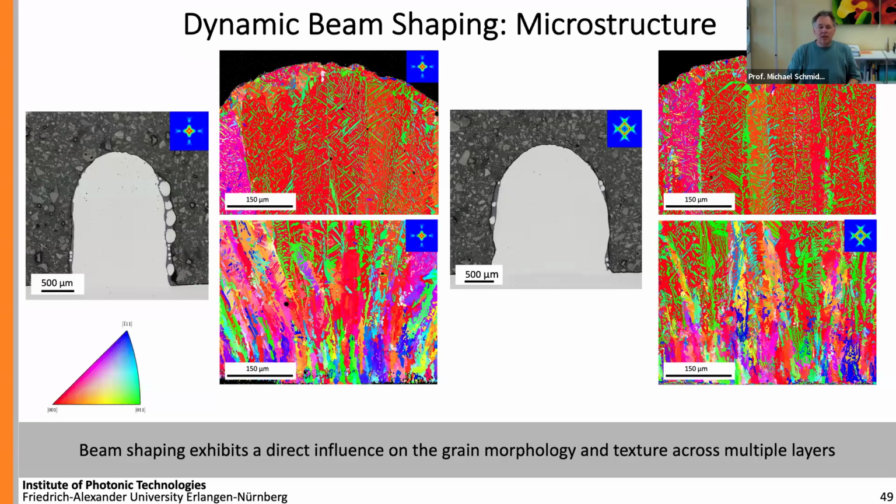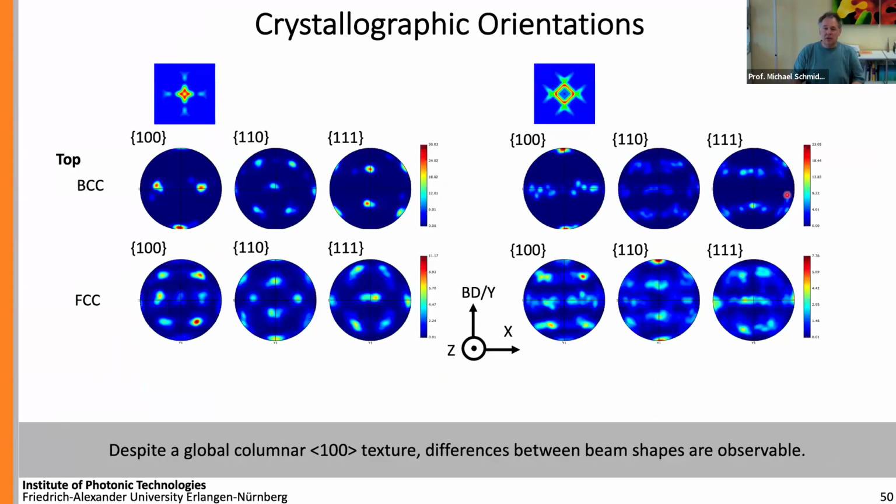But that means that for the higher areas of the build, just one direction, let's say, maximizes out, which is this one that just goes straight to the top, whereas the other directions here are cancelled out because they have a divergence angle and go to the sides. This does not happen so much with the diamond-like heat input that we can see here. So there are already differences that we can see in the morphology here.